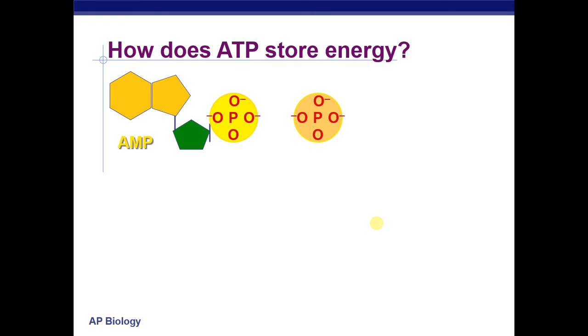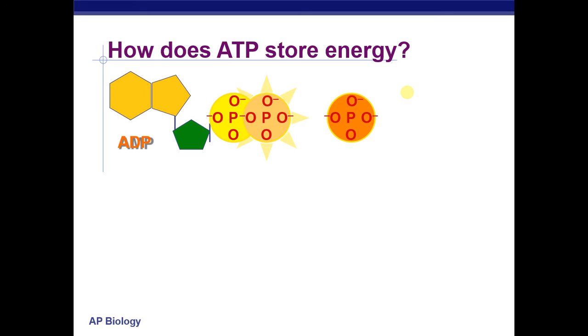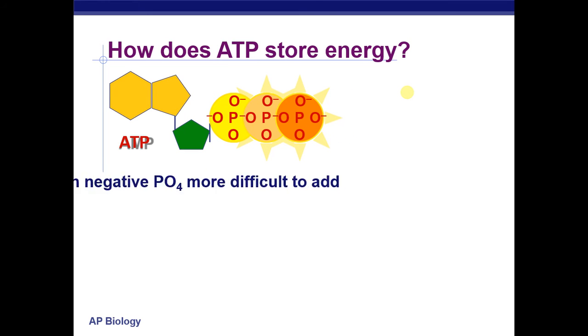So if we start with adenosine monophosphate right here, and we add another phosphate group to make adenosine diphosphate, and then we add a third phosphate group to make adenosine triphosphate, we are in total putting chemical energy into this molecule.